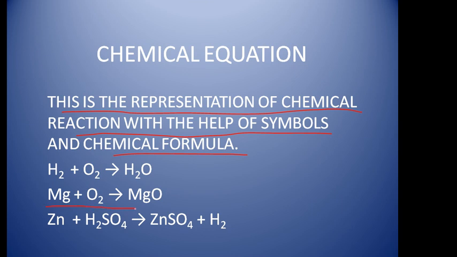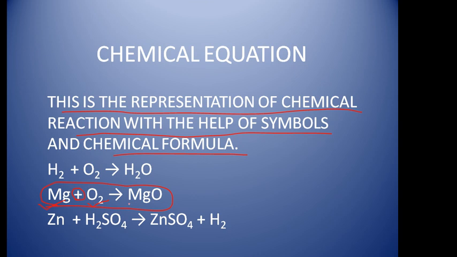Like this, if you write Mg, capital M, small g, you know that this is the symbol of magnesium. This is the formula of oxygen, O2. So, you add this plus sign, that means magnesium and oxygen, these two are reacting.